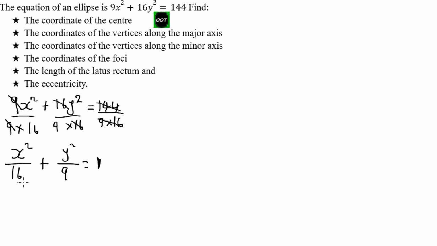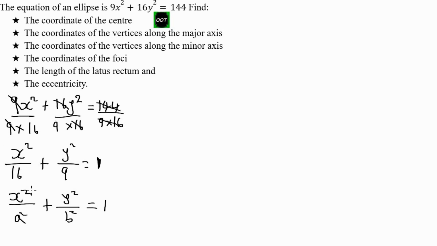Okay. So now basically, remember, we said the equation is actually of the form x squared divided by a squared plus y squared divided by b squared equals 1. Before we interpret, let's look at the highest one. You can see 16 is the highest, so that will be the value of a squared, and y squared divided by 9 is b squared, which is less than 16. So I need the value of a. Let me set a squared equal to 16.